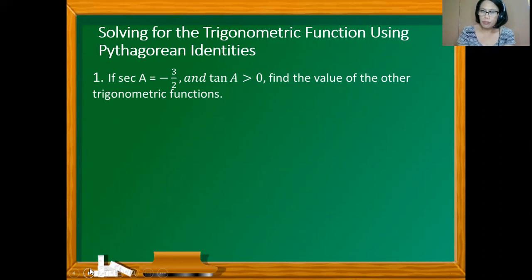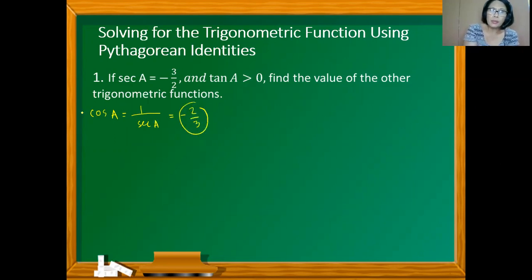Now, take note that we can solve for cosine A here by working on the reciprocal identities, and cosine A is equal to 1 all over secant A, which is equal to the reciprocal of negative 3 halves, which is negative 2/3.